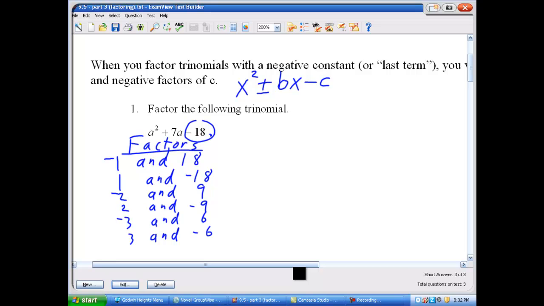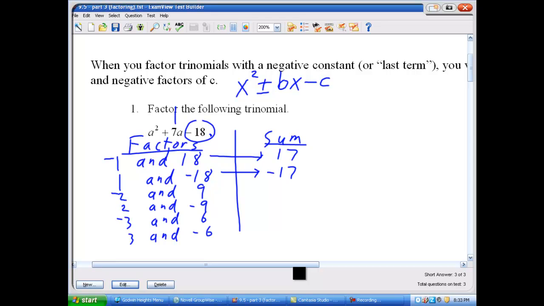Now what I need to do is figure out the sums of all of these different combinations. If I take negative 1 and 18 and add them together, I will get 17. If I take 1 and negative 18, I'll get negative 17.